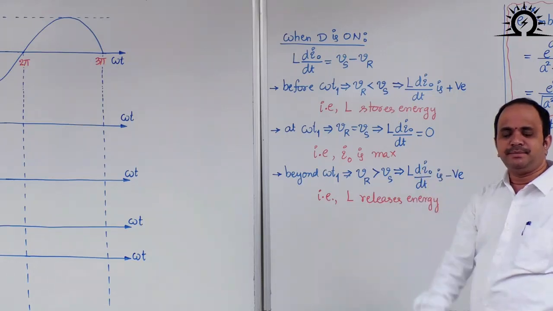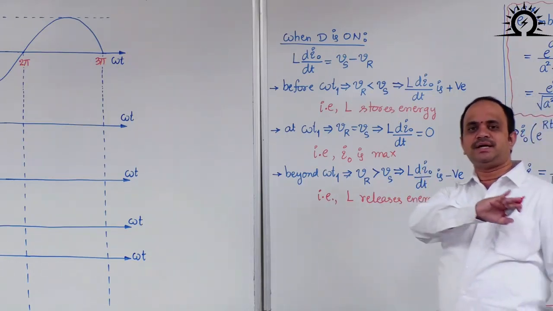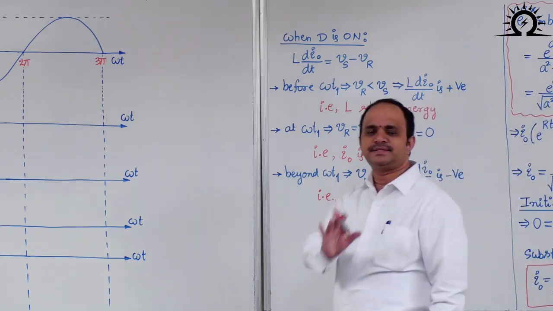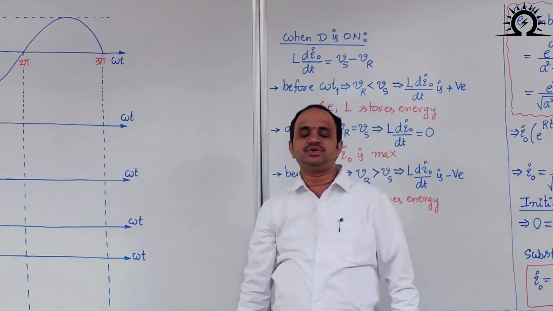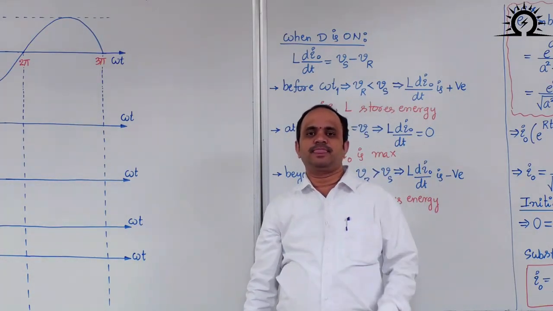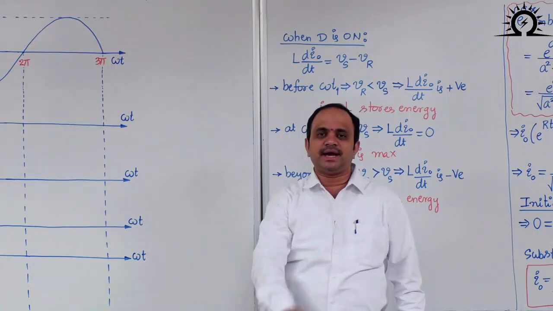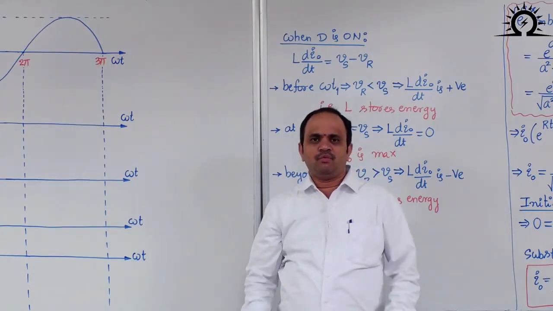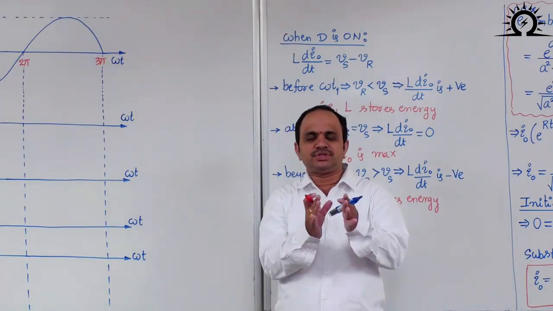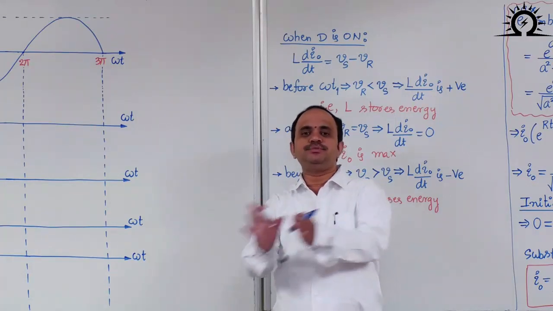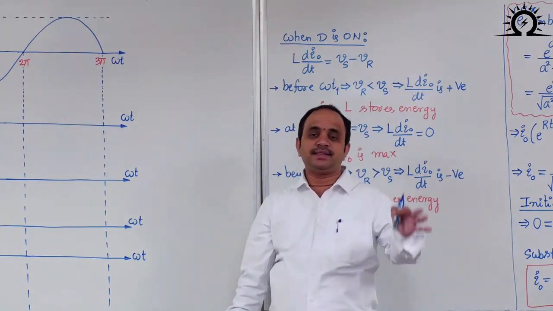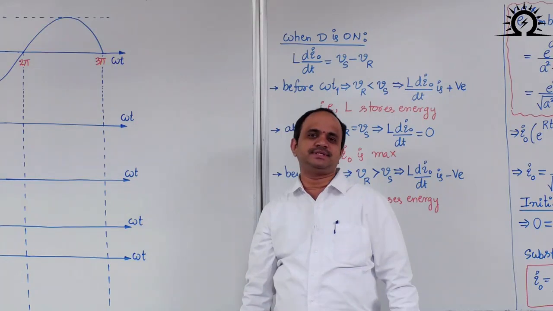Inductor releases energy means what? Current will start to decrease. At some instant, current should reach 0. At what instant will that current reach 0? Whatever amount of energy is stored in the inductor, it has to be released completely. At that instant, volt-second balance will be satisfied.